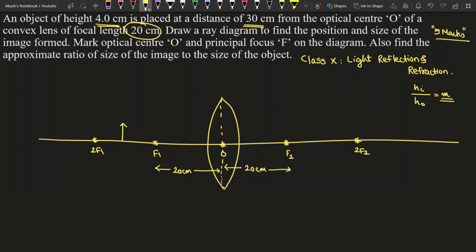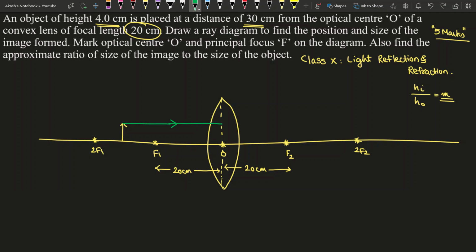In order to form an image, we need the convergence of at least 2 refracted rays. We have many principles in order to draw the rays. The best and easiest: if the incident ray is parallel to the principal axis, after refraction, it will pass through the focus. So this is the incident ray parallel to the principal axis.